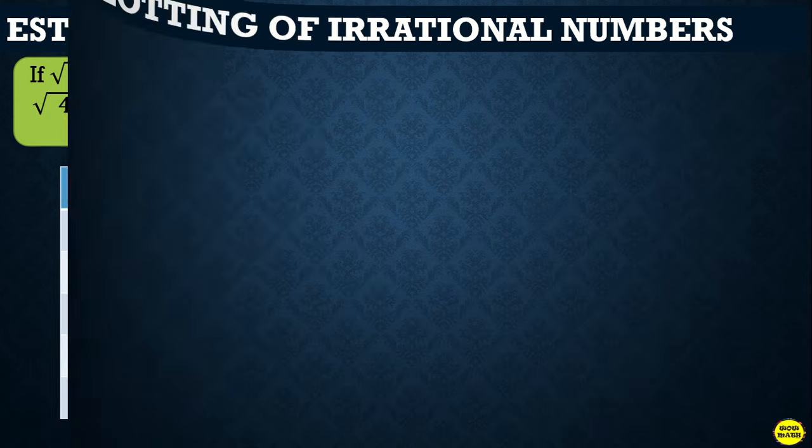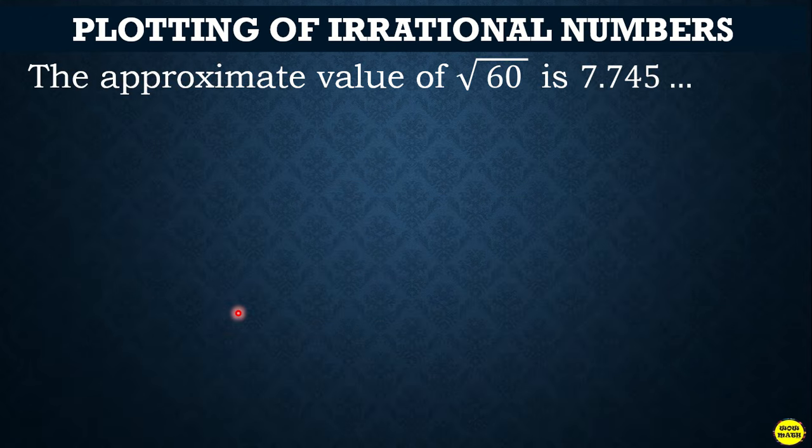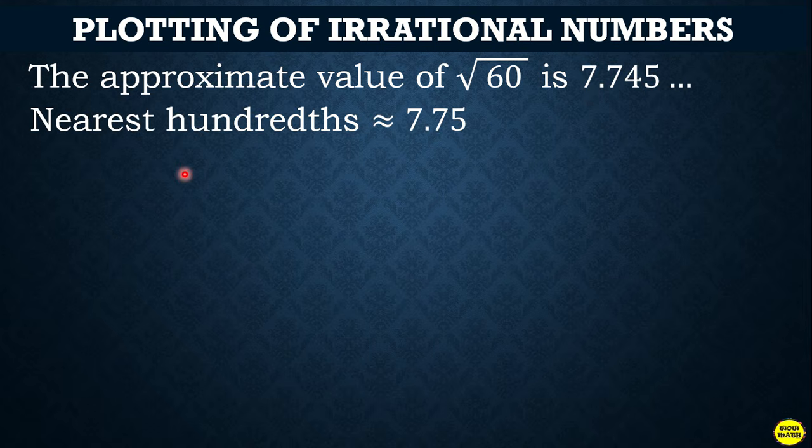Therefore, the approximate value of square root of 60 is 7.745. Since we will be getting the approximate value to the nearest hundredth, hanggang dito lang dapat. Ito yung hundredths place natin. So, ones, tenths, hundredths. Now, since this is 5, mag-a-add tayo ng 1. Okay, so magiging 7.75.